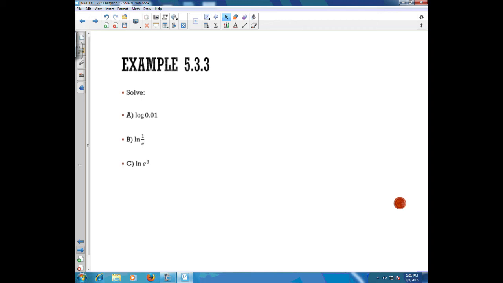So let's try some more examples. We want to find the log of 0.01. Well, the log of 0.01, that's the same thing as the log of 1 over 100.